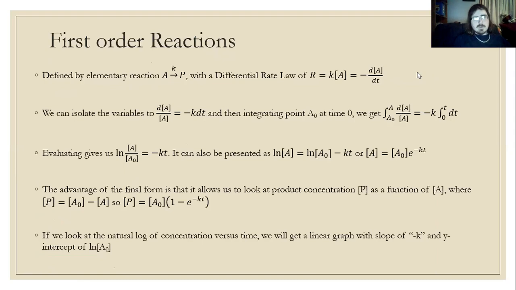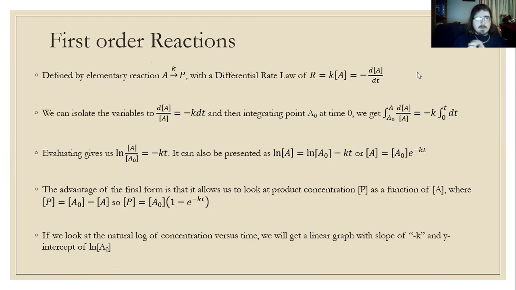One of the main ones we're going to look at is first order reactions. They're defined by the elementary reaction where A goes to product P. The differential rate law, or rate of the reaction, is k times A, or simply the negative differential of the concentration of A for changing time.